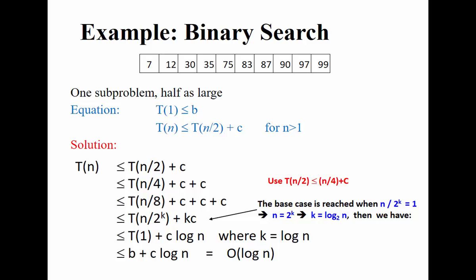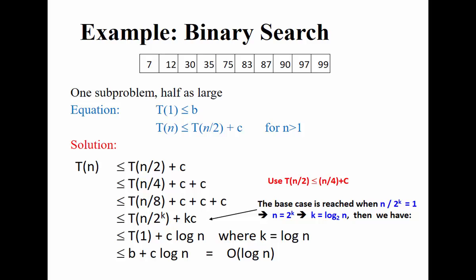What is the initial condition? T of 1 is less than or equal to p. Did you understand this? Perfect.